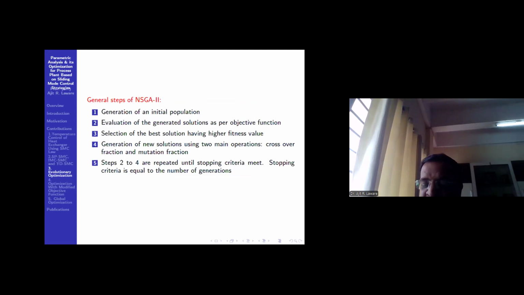We have already discussed this Pareto front in the M3 and other subjects. So these are the general steps of NSGA2. Random initial population generation should be there, and in MATLAB you will have to use the rand command, and then evaluation of the generated solutions as per the objective function. Means, dear participant, you will have to prepare the objective functions and define the decision variables, that is, the controller parameters.